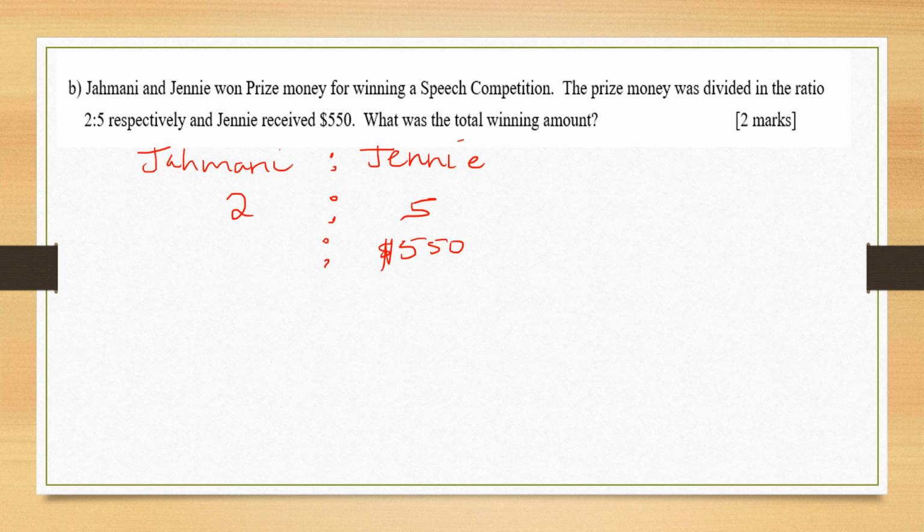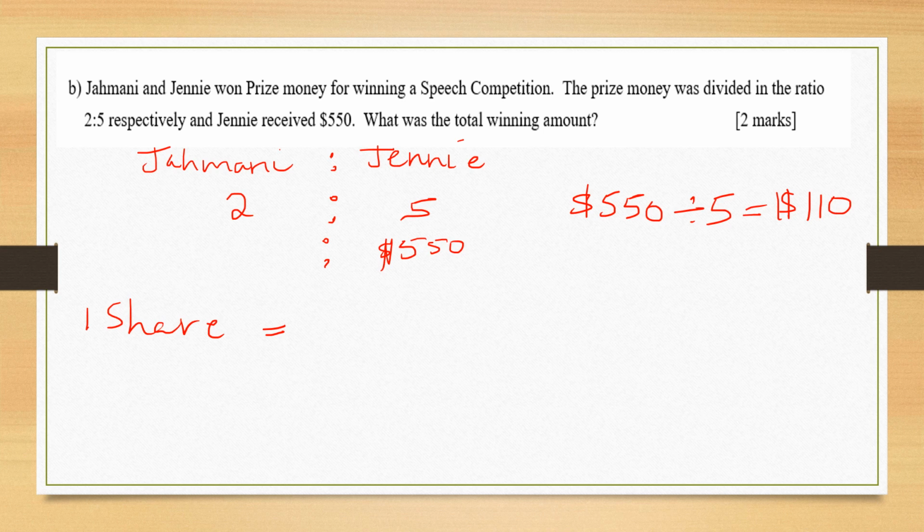Okay, so that means we have to divide 550 by 5, which is $110. So that means one share is $110. The question is, what was the total winning amount?